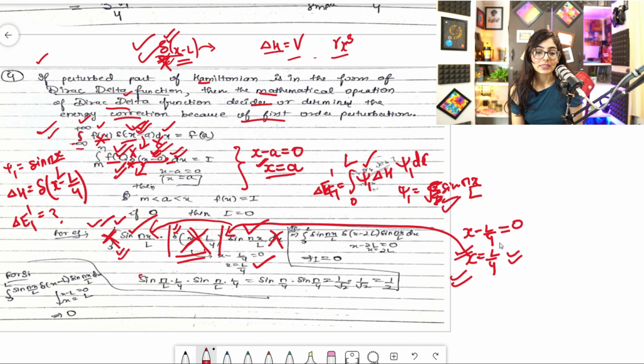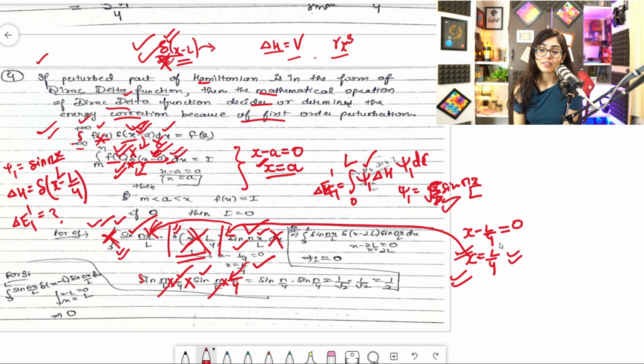So what will happen? Sine pi by L into x. So what is the value of x? That would be L by 4. One more sine is there, so you will put sine pi by L into x. So x is again L by 4. So you will put L by 4. Clear? So what will happen now? L and L will get cancelled out again. Clear?